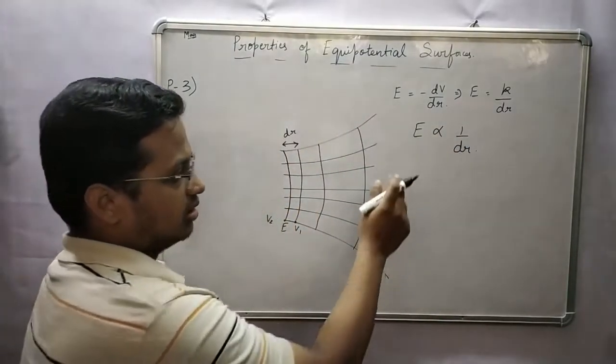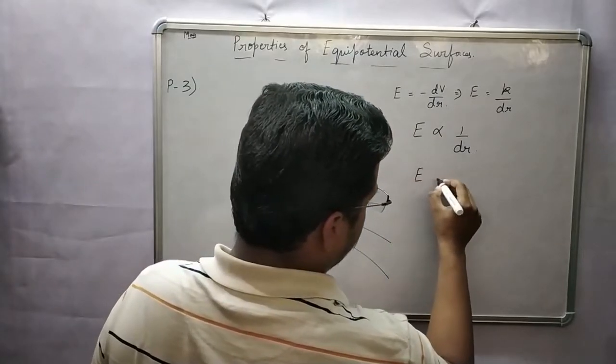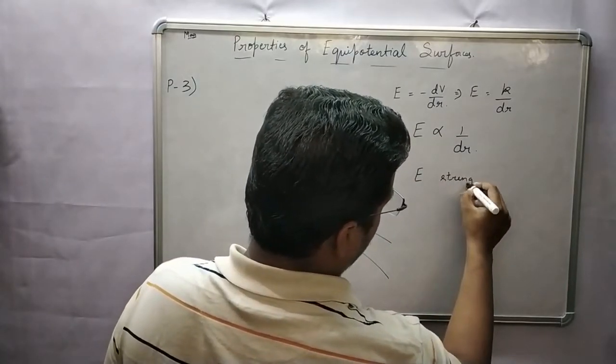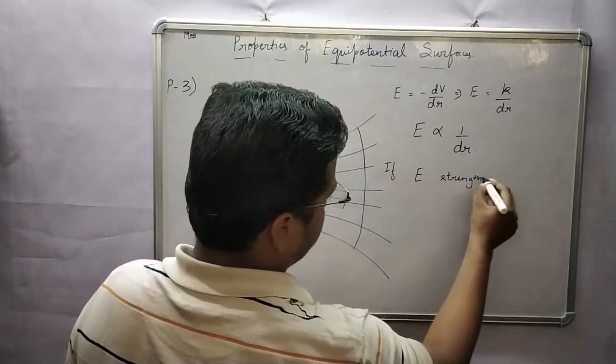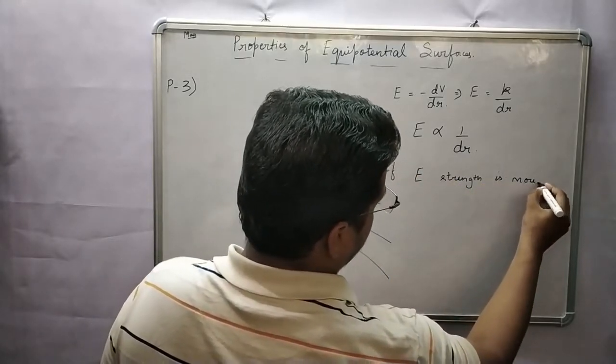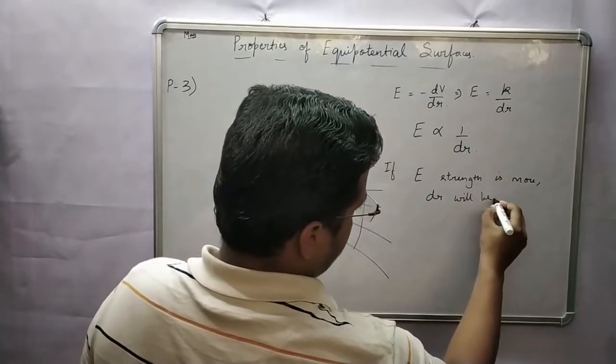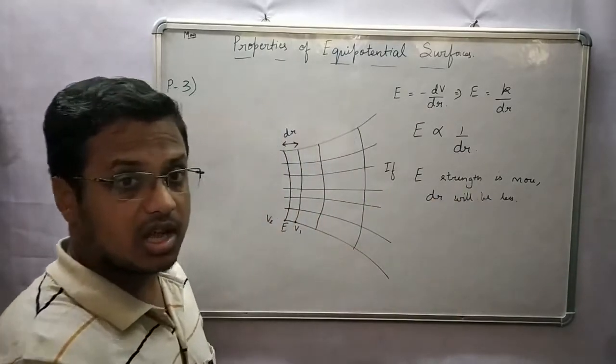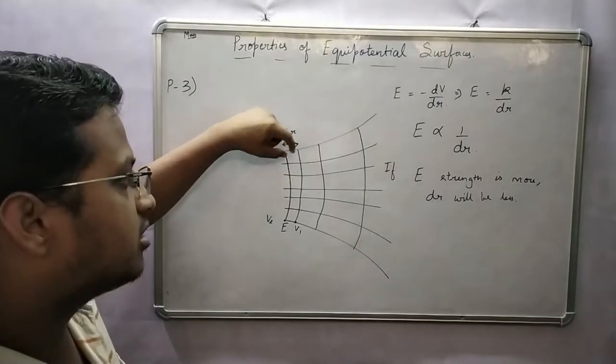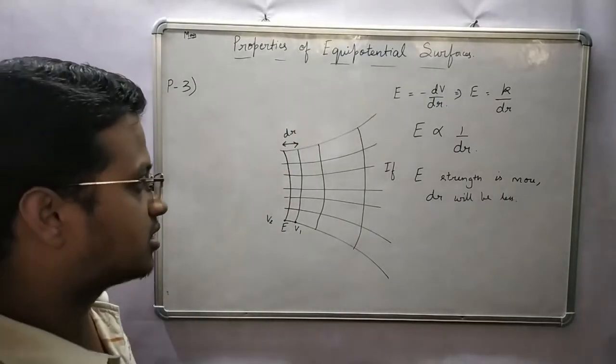So in a region where electric field strength is more, what will become of dr? Dr will be less. And if you remember what was dr? Dr was the spacing between equipotential surfaces.